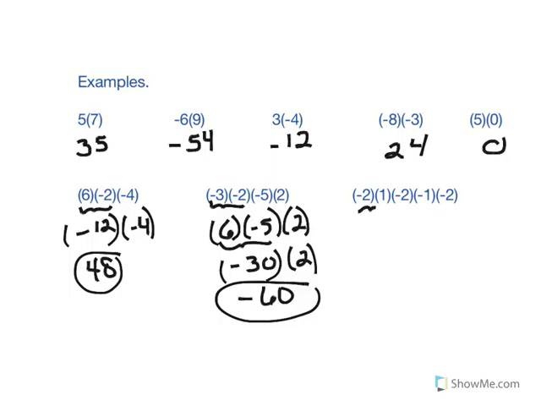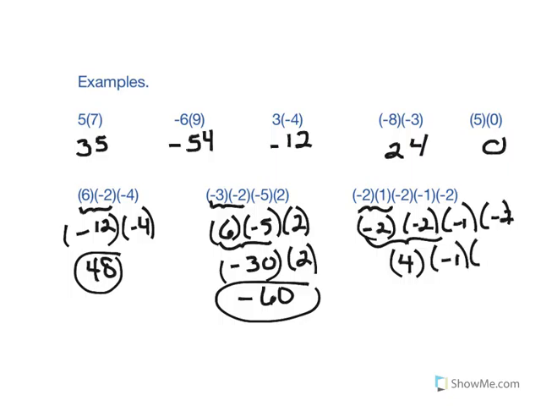Here we've got negative 2 times 1 is negative 2. Two at a time. We have 4. Negative 4. And that's going to be a positive 8.